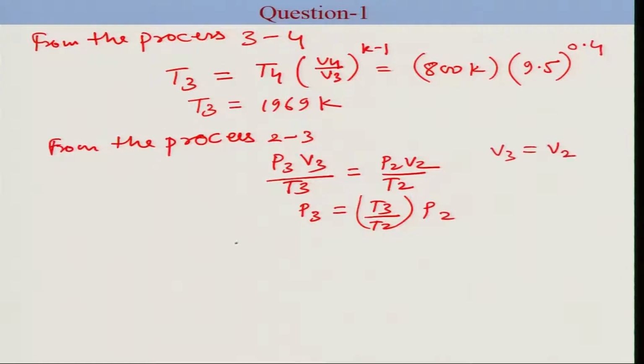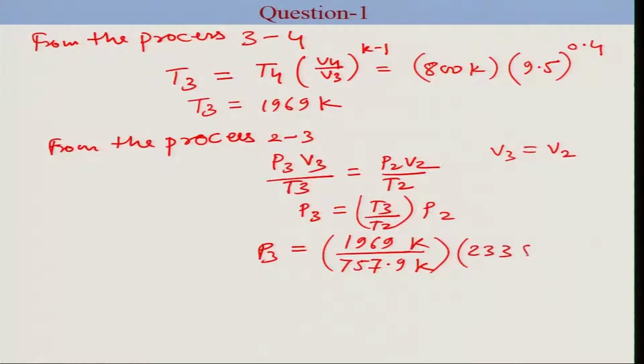So, P3 will be 1969 upon 757.9 Kelvin times 2338 kilopascal. So, P3 will be equal to 6072 kilopascal.